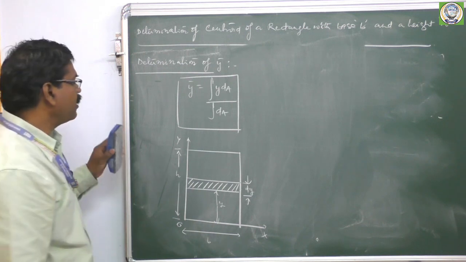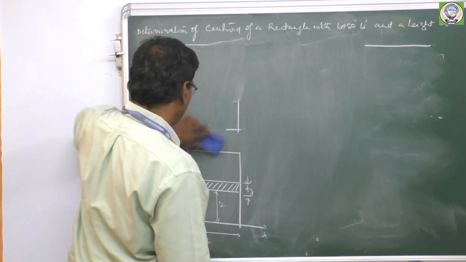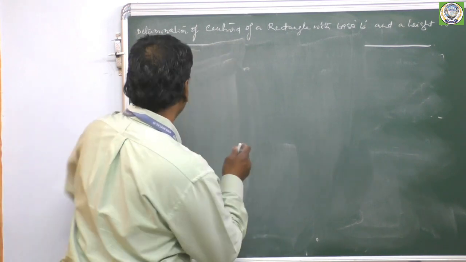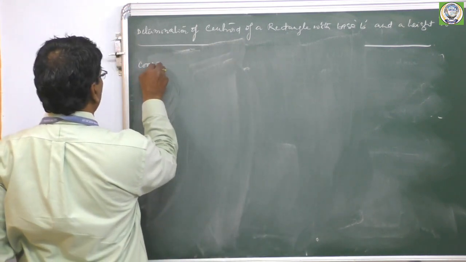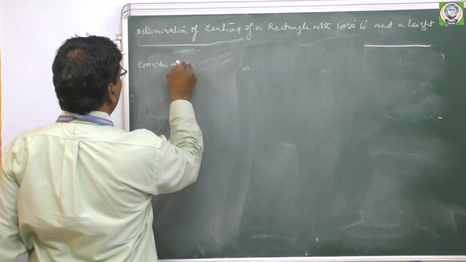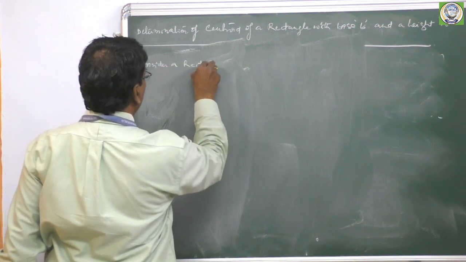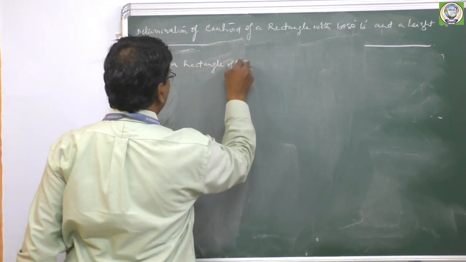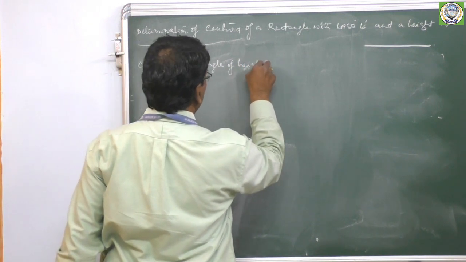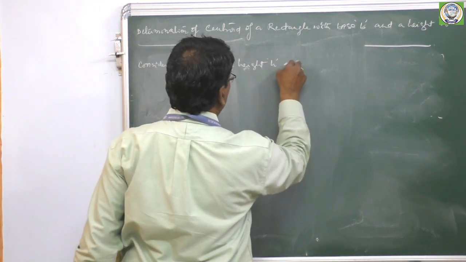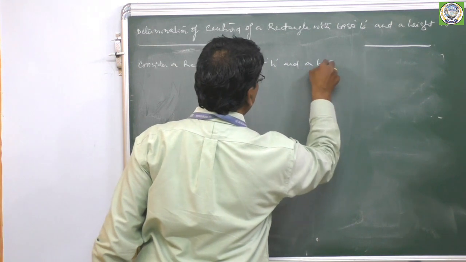To discuss this diagram again, consider a rectangle of height h and a base b.